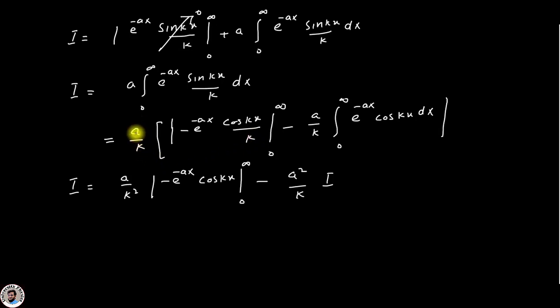When I multiply a by k to this term, we will get a square divided by k square, and this integration is equal to I.